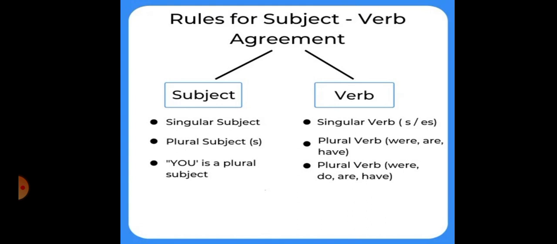With that subject, plural verbs will be used. For example, were, are, have. You is a plural subject, so we will always take a plural verb with that. For example, were, do, are, have.